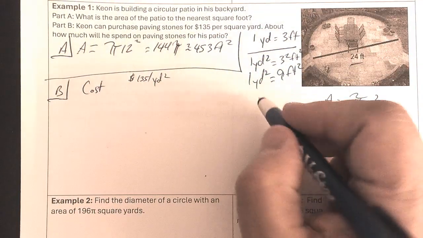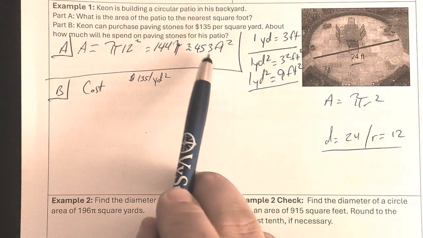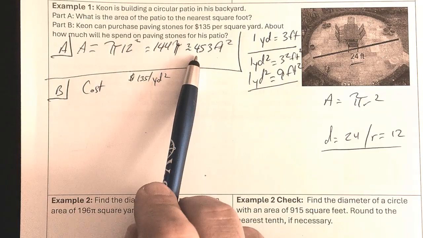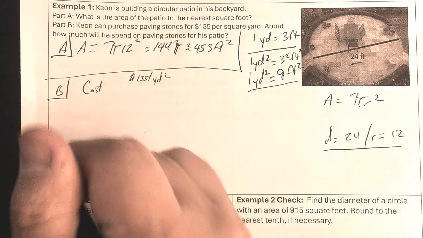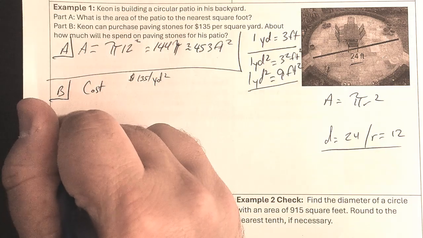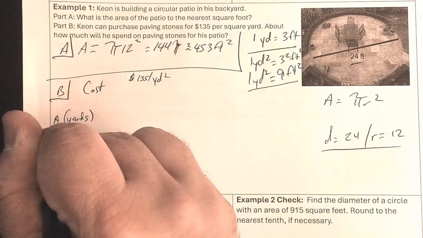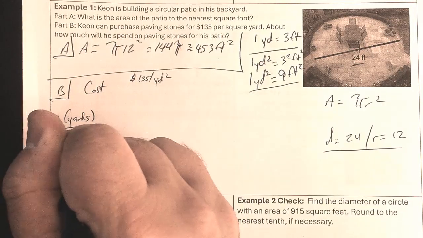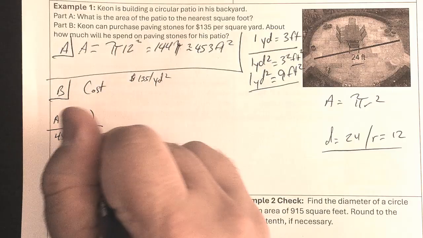So 9 square feet is 1 square yard. So what we have to do is divide this by 9, so it'll tell us how many square yards. So it was 453, and we're dividing that by 9.